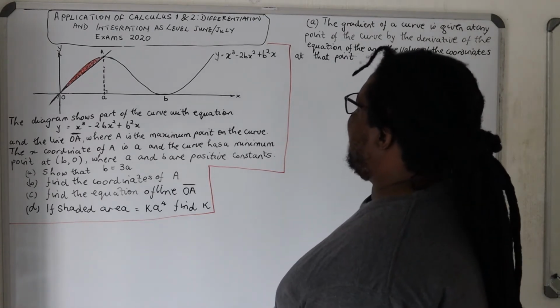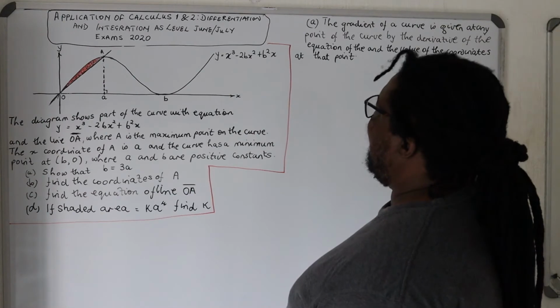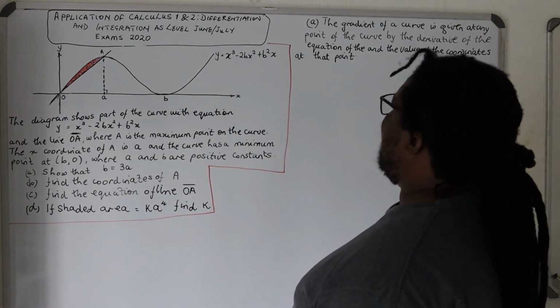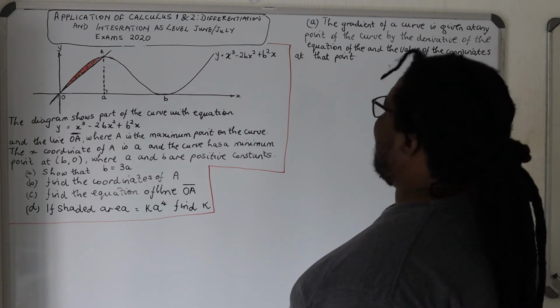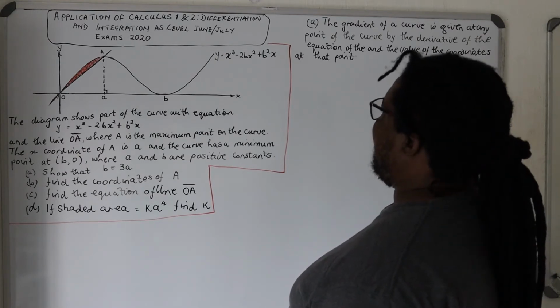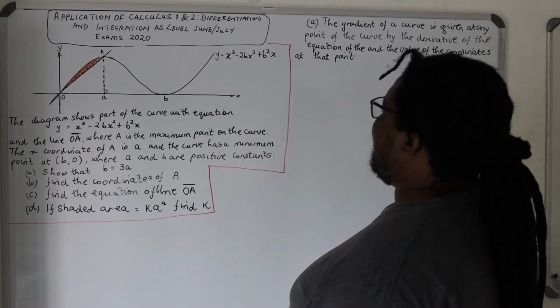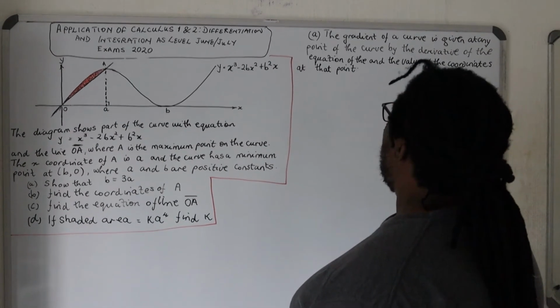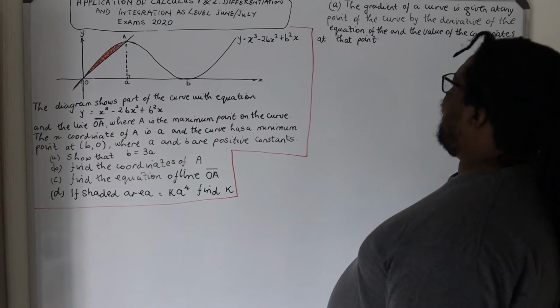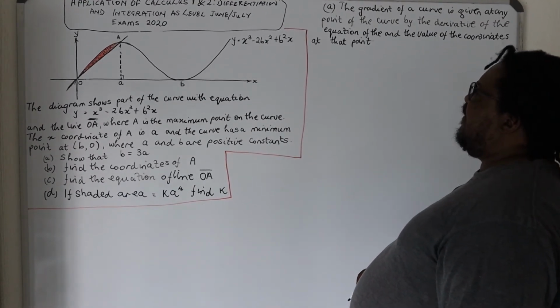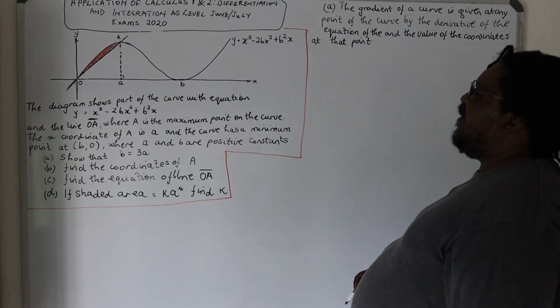So we already know that the coordinate of the curve at A is equal to small letter a. So we will look for the gradient of the curve at A and equate it to 0 because it's a turning point, and then we will substitute for the value of x with a, and we will get the relationship between b and a.